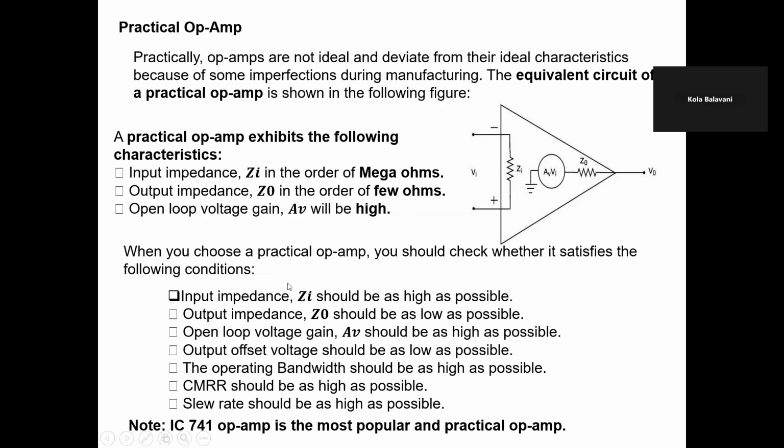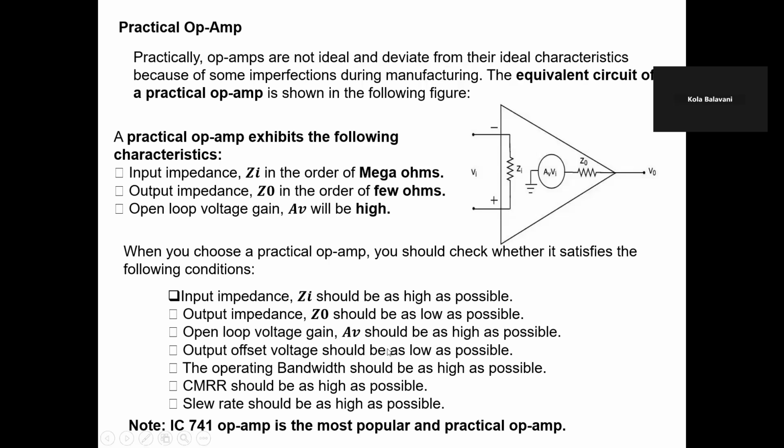Whenever you are choosing a practical op amp, you should check whether it satisfies the following conditions or not. Input impedance should be as high as possible. Ideally it should be infinity, but practically it should be as high as possible, and the output impedance should be as low as possible, and the open loop gain, that is AV, should be as high as possible, and output offset voltage should be as low as possible.